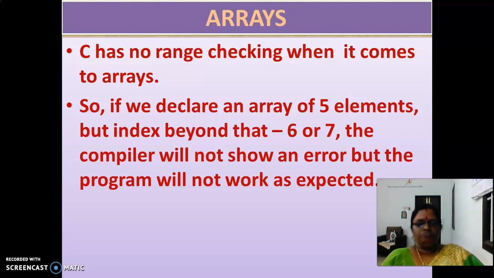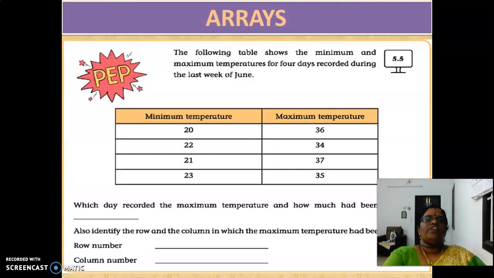Okay, children? So, the next PEP activity deals with the multidimensional array. The following table shows the minimum and maximum temperature for 4 days recorded during the last week of Zoom. Minimum temperature 20, maximum temperature 36, and minimum temperature 22, maximum temperature 34.